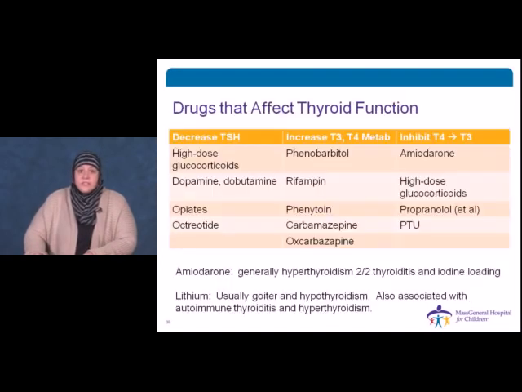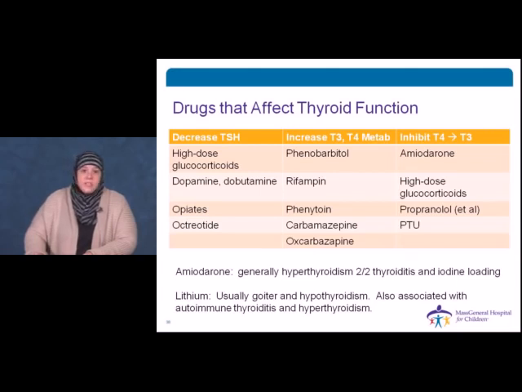Another important thing to consider in this case vignette are drugs that affect thyroid function. In the ICU setting, both opiates and dopamine and dobutamine decrease TSH, so it's important to keep that in mind. In addition, high-dose glucocorticoids can decrease TSH, as can octreotide. Many of the anti-epileptic medications can increase the metabolism of T3 and T4, and there are also medications that inhibit the conversion of T4 to T3.